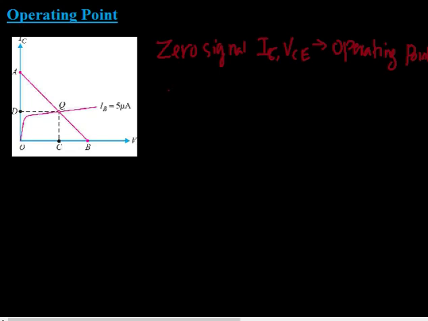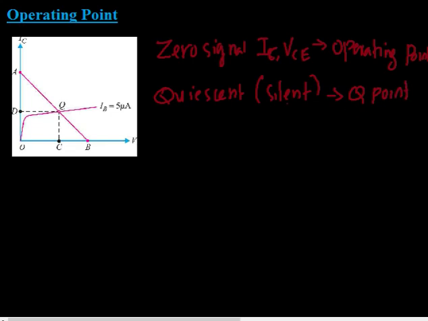Now this zero signal collector current and collector emitter voltage VCE is otherwise called the quiescent point or silent point or Q point.